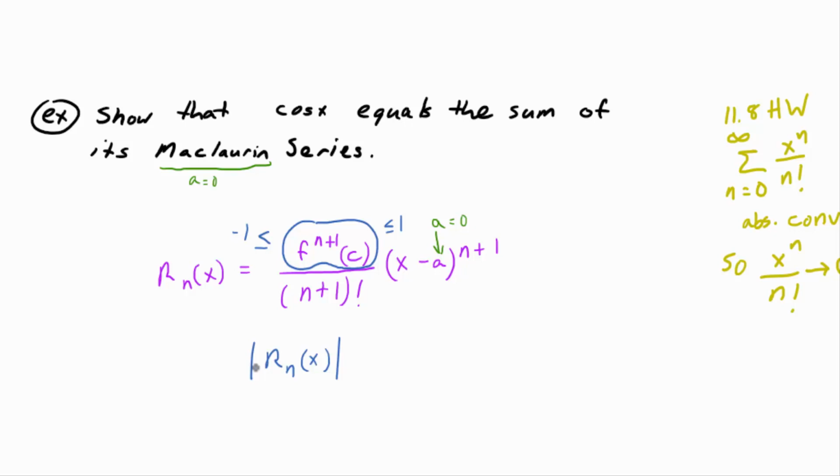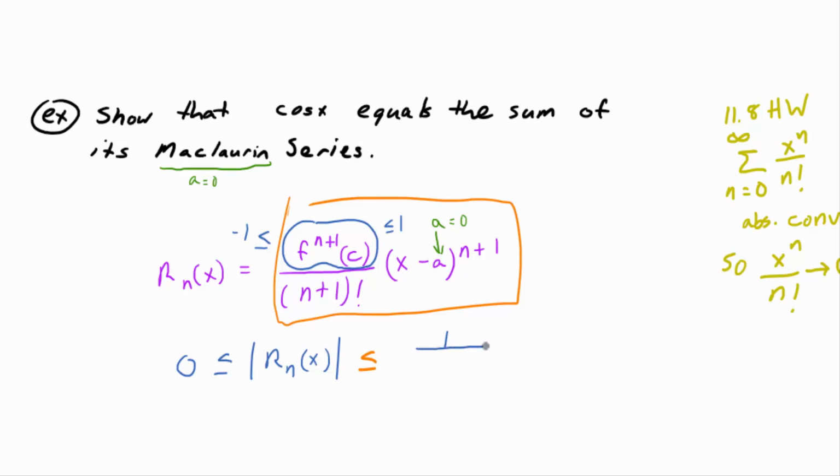The absolute value of that thing is definitely going to be bigger than 0, but I claim it's going to be less than or equal to, if I replace the n plus first derivative evaluated at c with 1. If I replace that numerator with 1, I know that that's going to be bigger than the absolute value of Rn of x. So I replace that whole thing with 1.